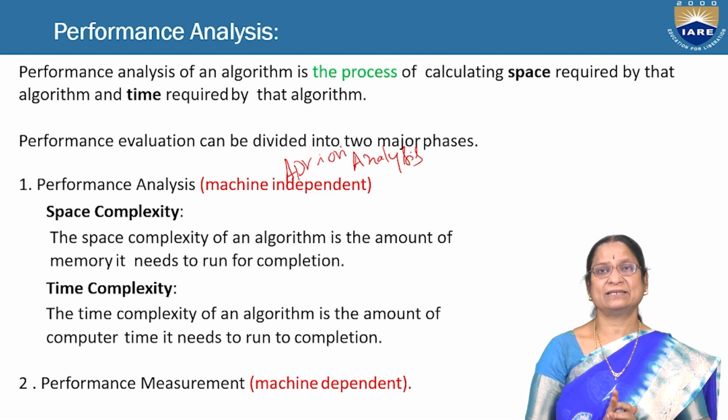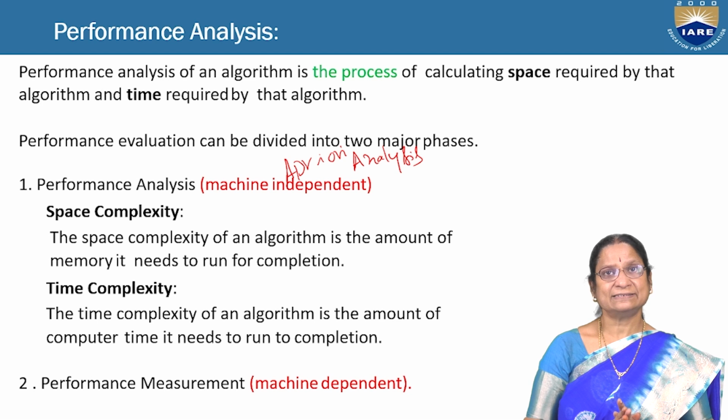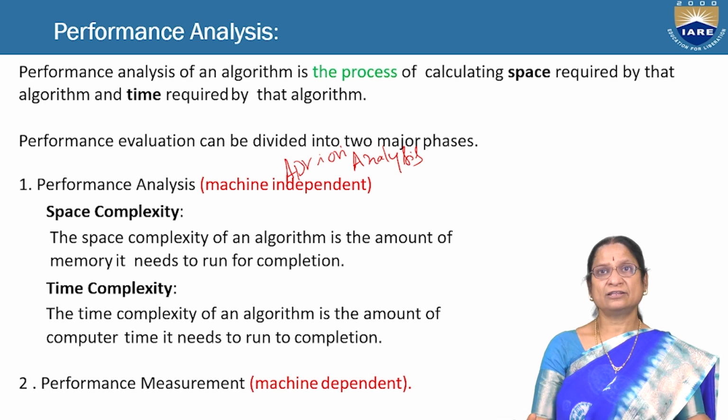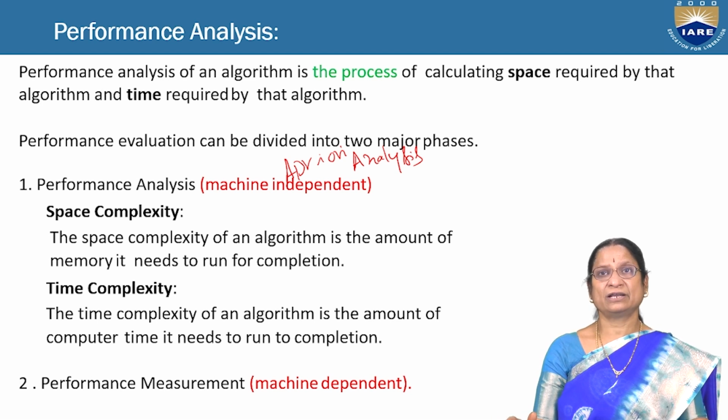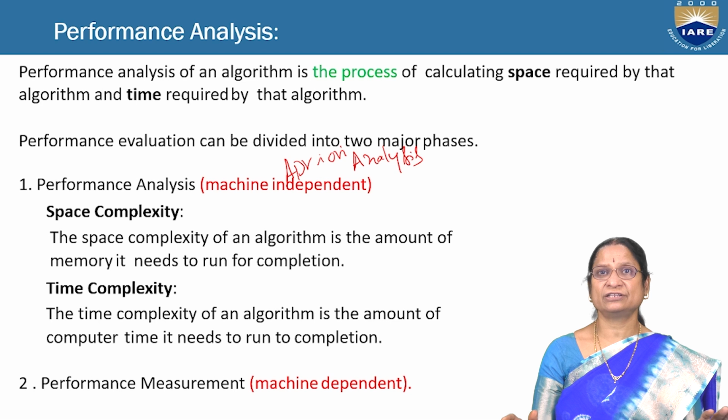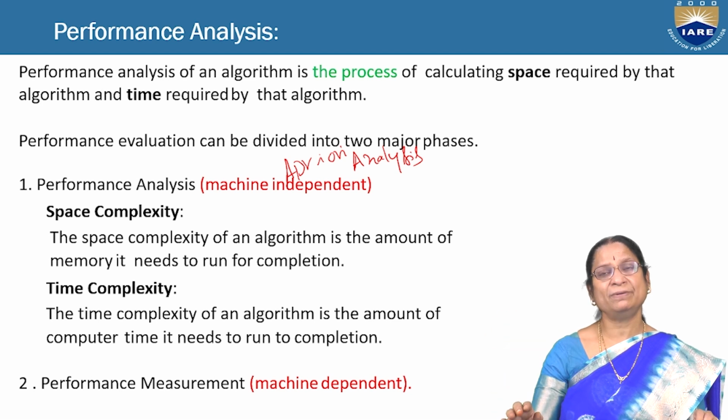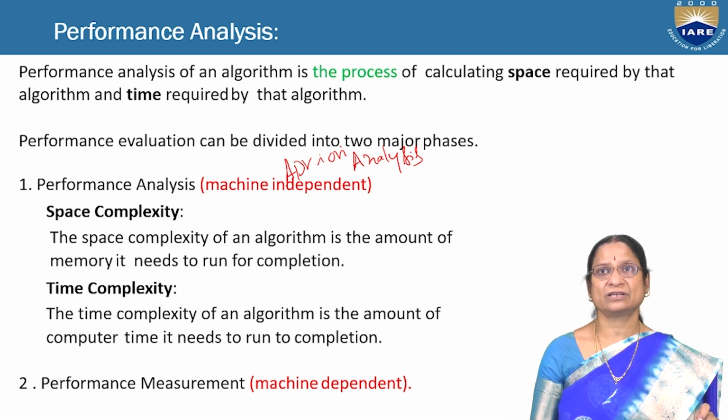That is performance analysis of algorithm, a machine independent analysis. Before writing the program itself, we would like to check whether our algorithm is correct or not and how efficient or not. Then we will move to implement it on the system.